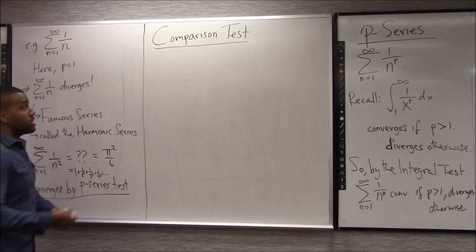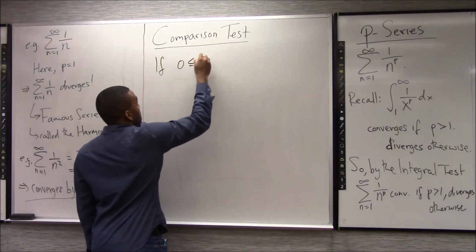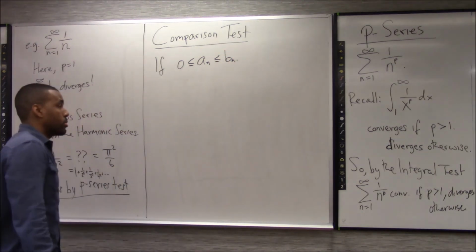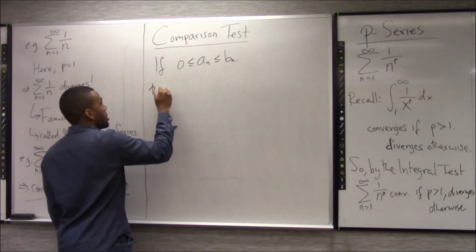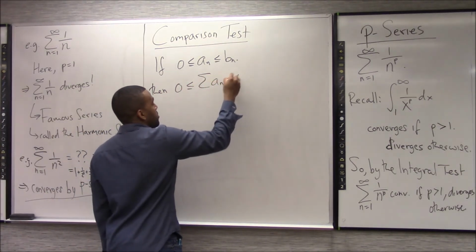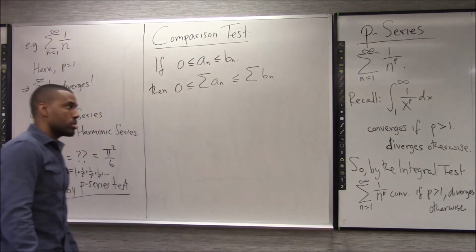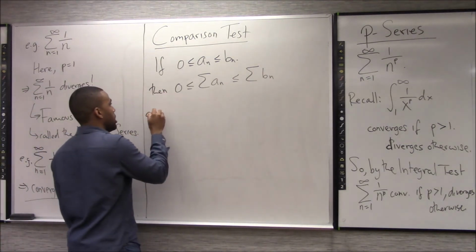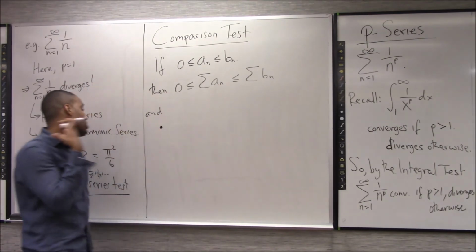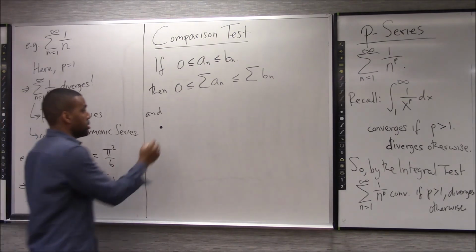So there's the comparison test. This is if you know that a_n is less than or equal to b_n term by term, then you can clearly see that if I add up all those terms, it's going to be less than the sum of those terms. And therefore, similar to the comparison theorem for integrals, the same idea holds here.